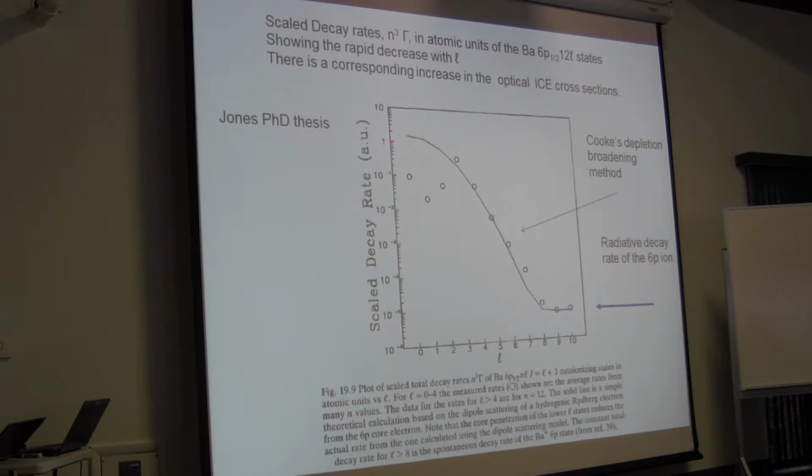So a scaled decay rate of 1 means that it ionizes with 100% probability in one orbit. And so by the time I'm out to this point, I have 10 to the minus 4 probability of ionizing on any given orbit. And so in these states, in this region, you can simply scan that last laser, measure how wide it is, and everything is fine.